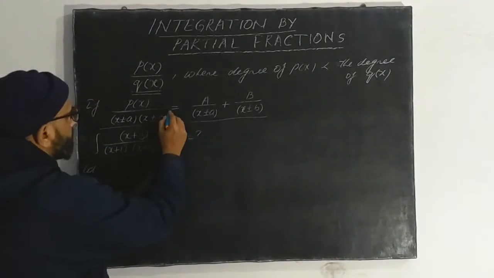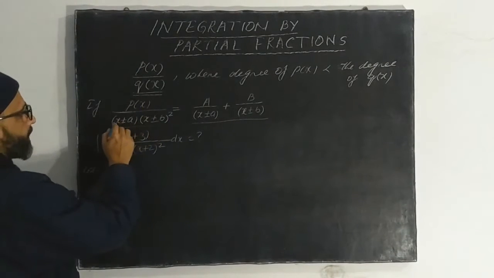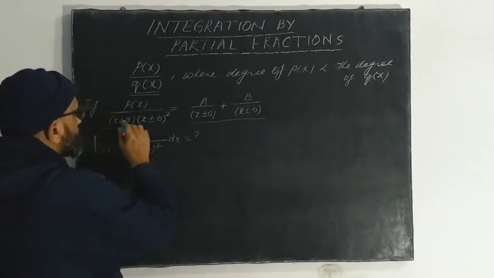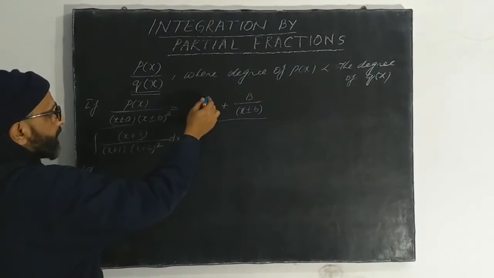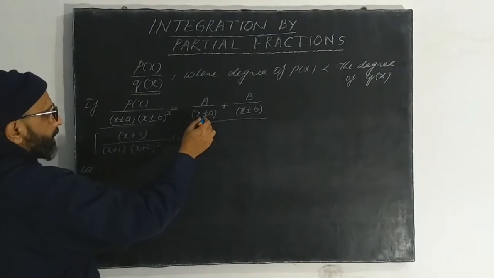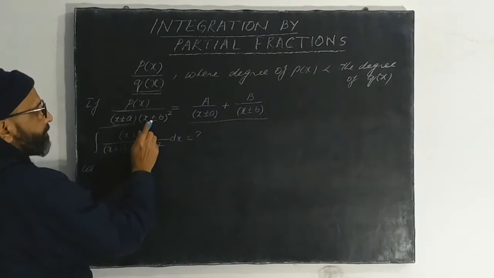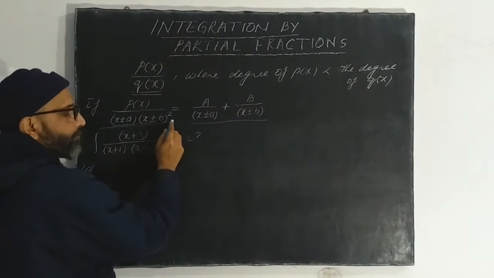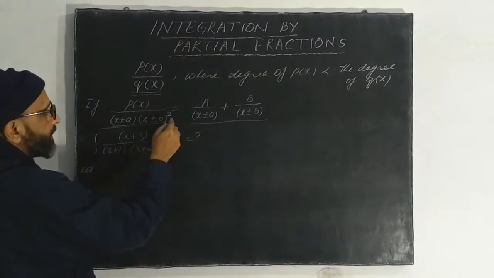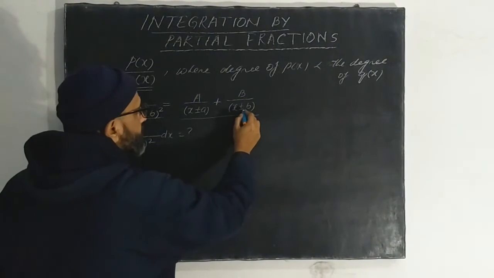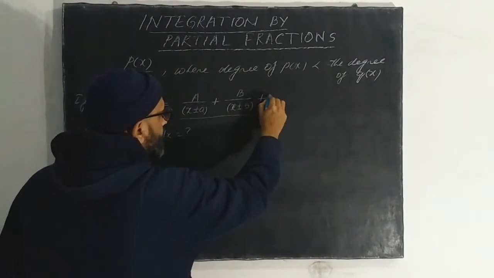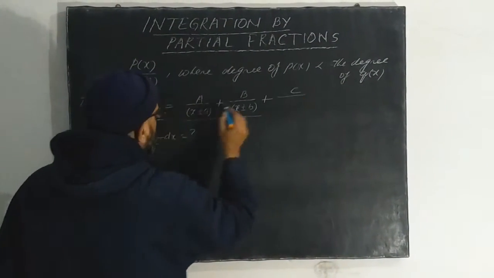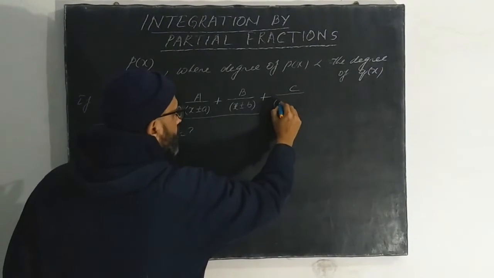In that form, (px + q)/((x + a)(x + b)^2), for the linear binomial we assume simply A/(x + a), and for the next one we assume first B/(x + b), the linear form of this quadratic expression, and then plus C/(x + b)^2.